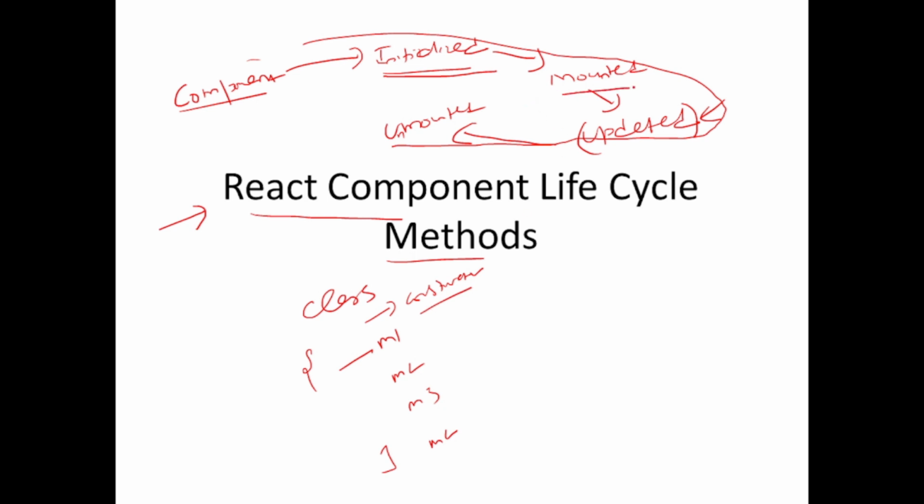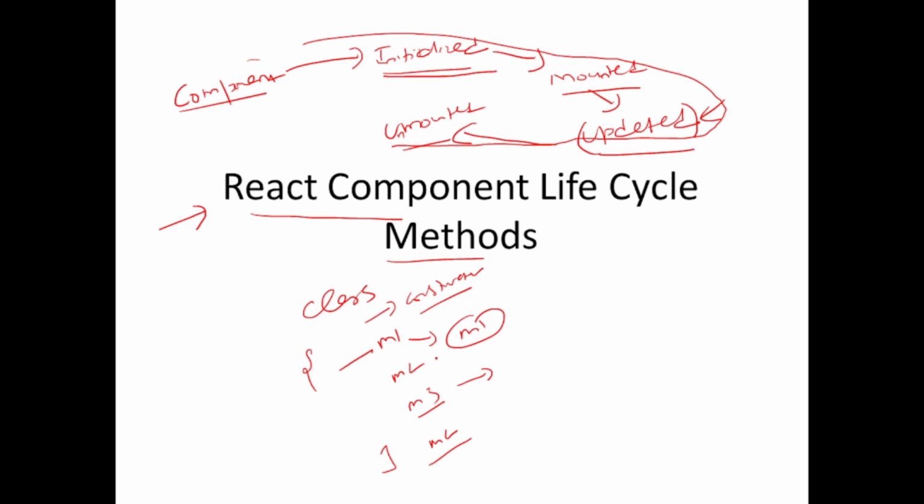When it is in the mounted phase, maybe method M1 runs. When it is updated, maybe method M3 runs. When it is unmounted, we need to clear the subscription, the feed, all those things, then the method M4 runs.